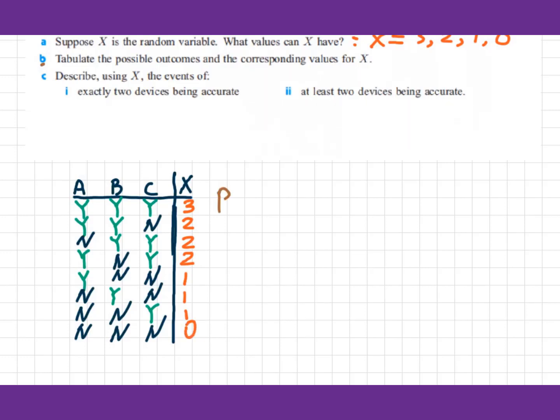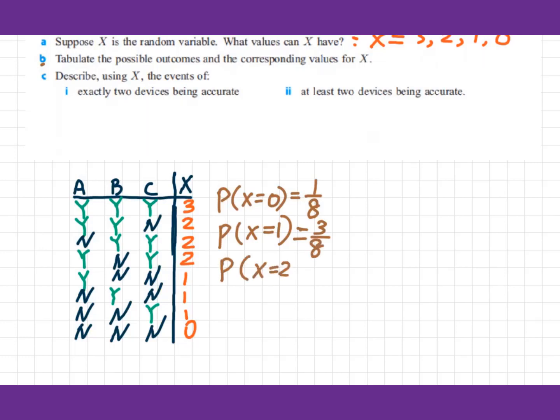Probability X equals 0, you will get 1 over 8. Probability X equals 1, 3 over 8. Probability X equals 2, 3 over 8.